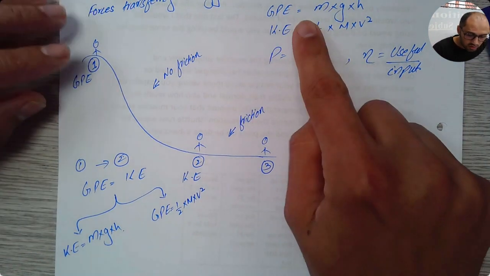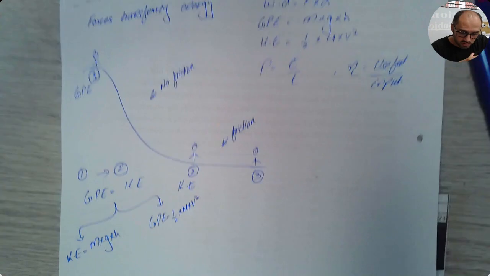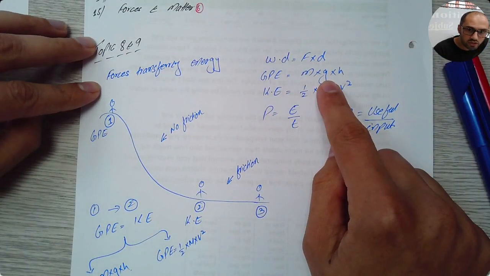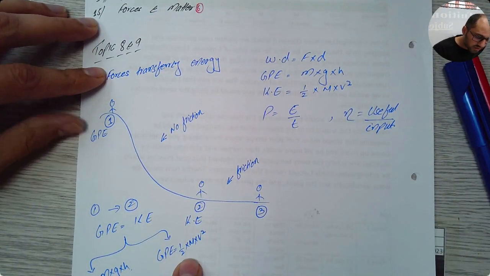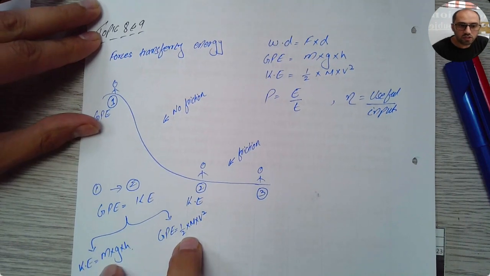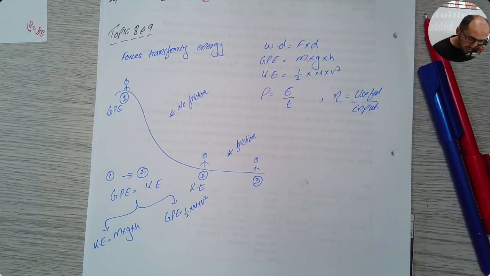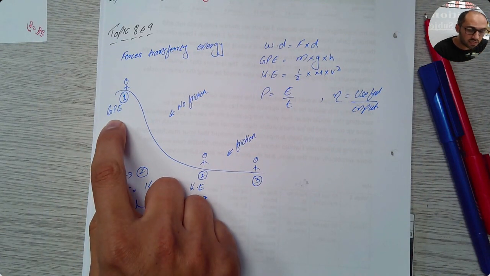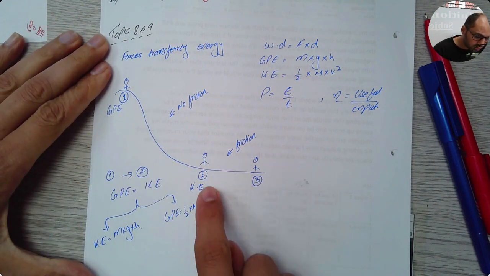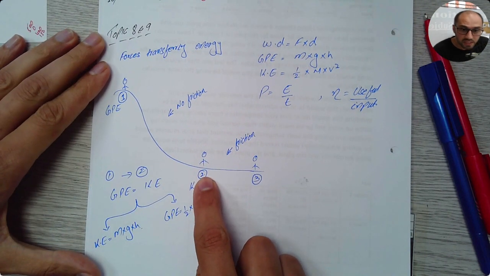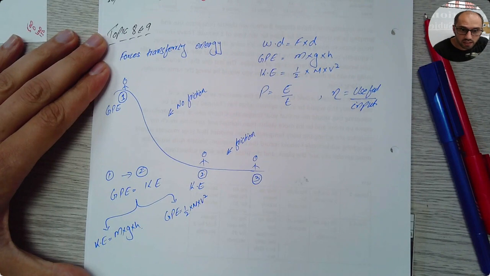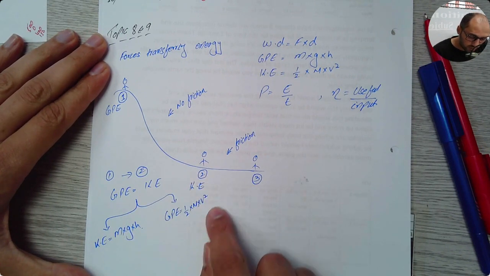Now, in paper, you'll be given this equation, GPE equals M times G times H. These 2 equations are only applicable to this situation because of law of conservation of energy. So they may ask you to calculate the value of GPE here. Once you've calculated the value of GPE here, then they may ask you to work out the value of speed at this location. If that's the case, then this situation will apply.